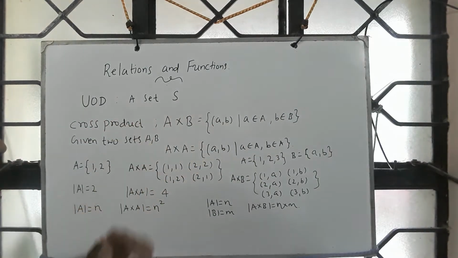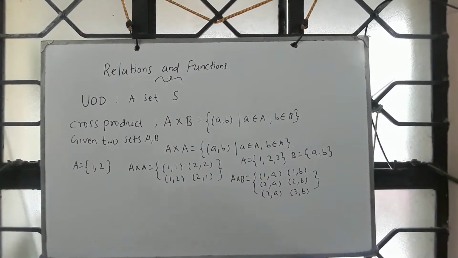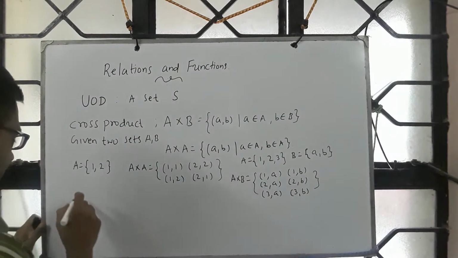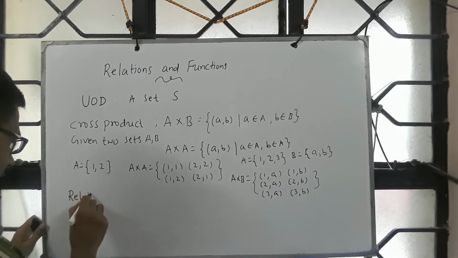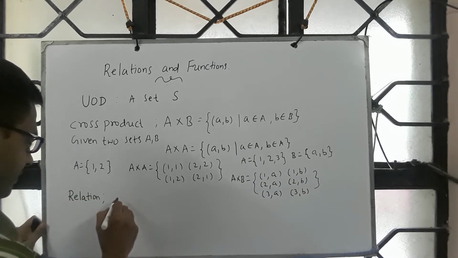A and B can be the same, and if there are n elements in A, then there are n square elements in the cross product. So we next define a relation. So relation is also a set.